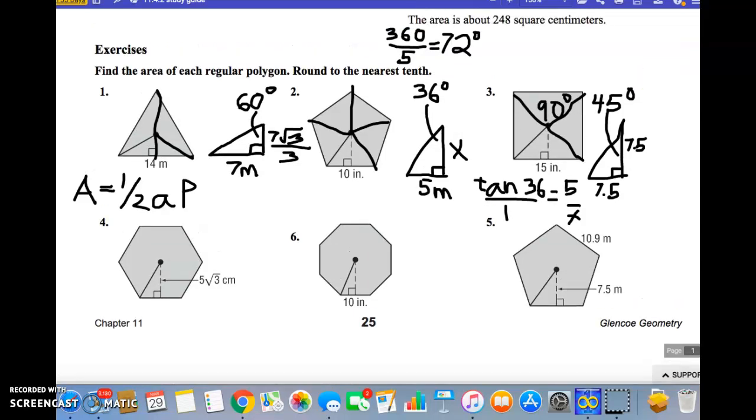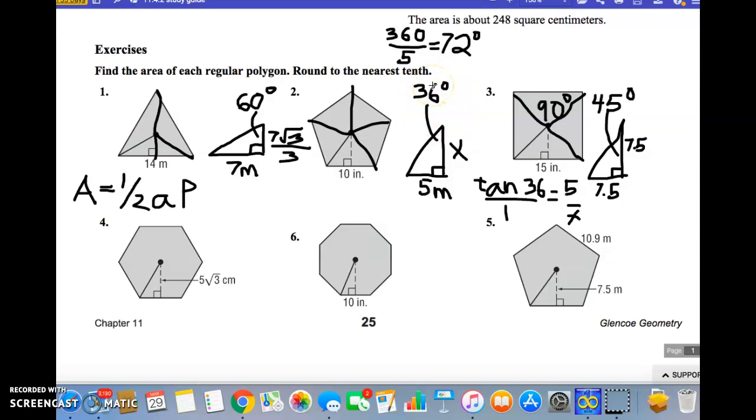Let me scroll up a little bit. 360 degrees divided by 5 is 72. So each one of these main central angles would be 72. But if I divide by 2, we'd get 36. So 36 is good, but it's not a special right triangle angle. We need 45, 45, 90, or 30, 60, 90, not 36.